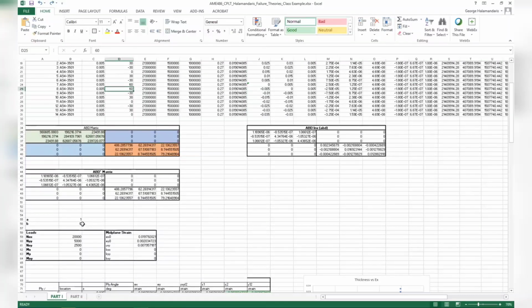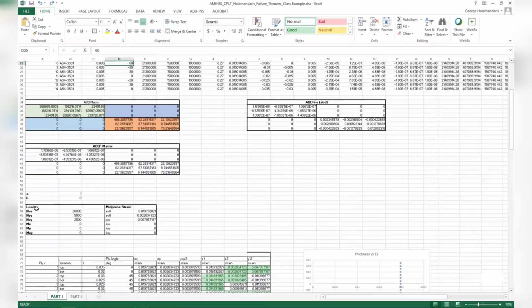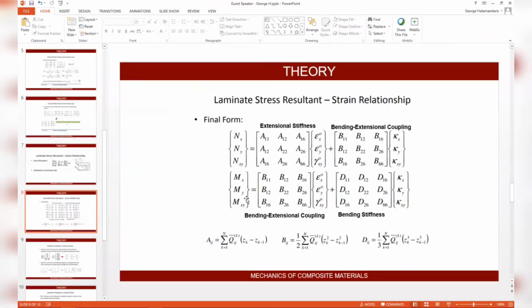Knowing N and M, which are here, I have it under this loads label, and knowing our ABD matrix, we want to find the midplane strains and curvatures.